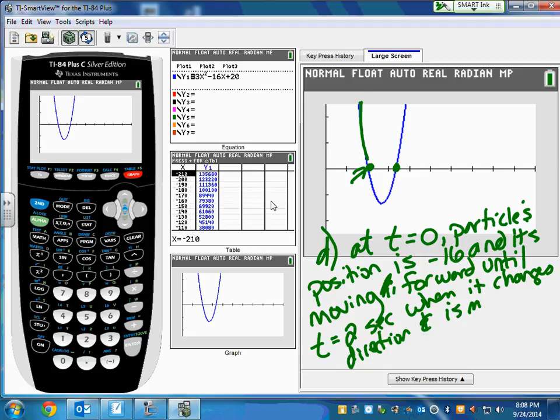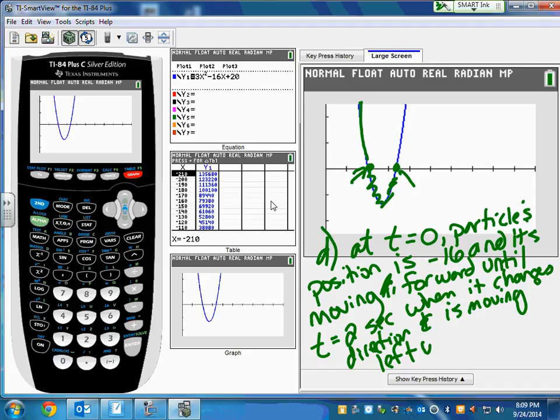and is moving left. How do I know it's moving left? Because the velocity is negative. And when the velocity is negative, I know it's moving backwards. So I guess I could say moving back. I don't know why I said left there, but I was just thinking forward and back. And it's moving left until when? Until the next time that it has a turning point.